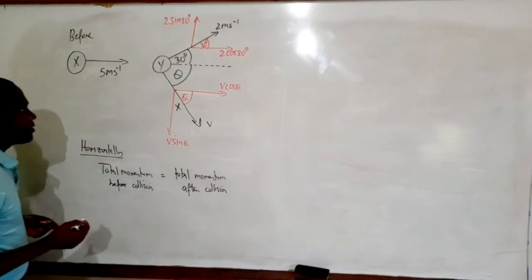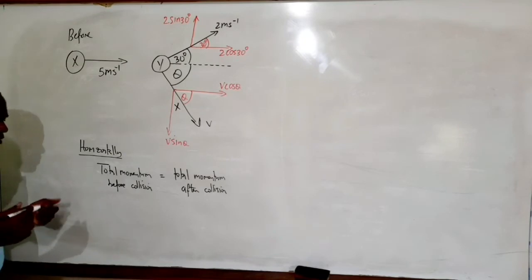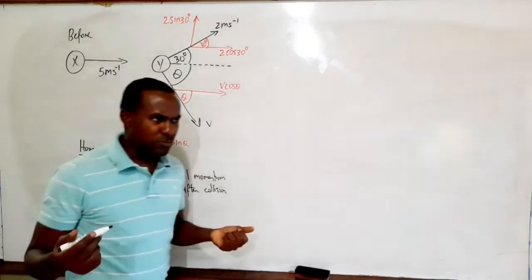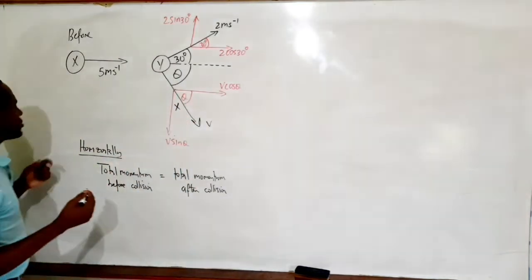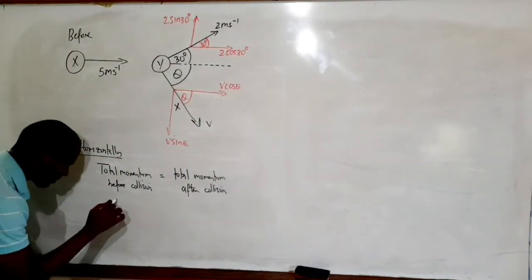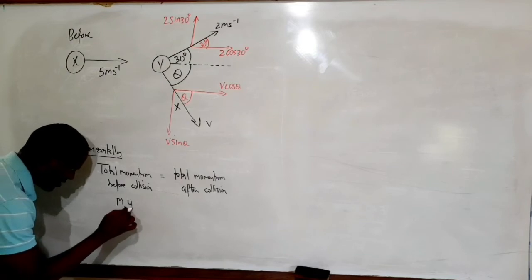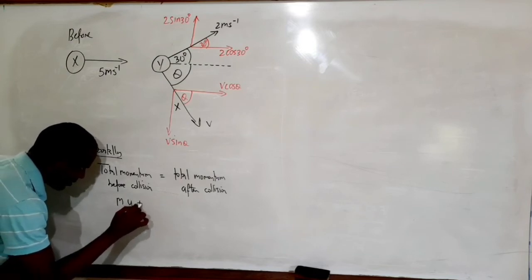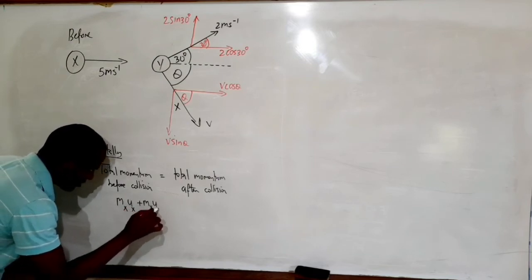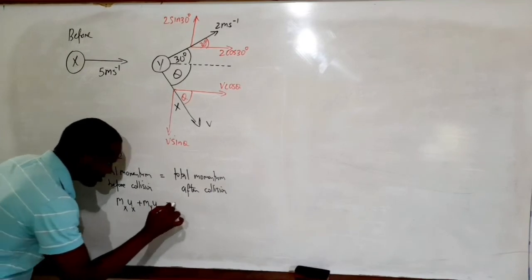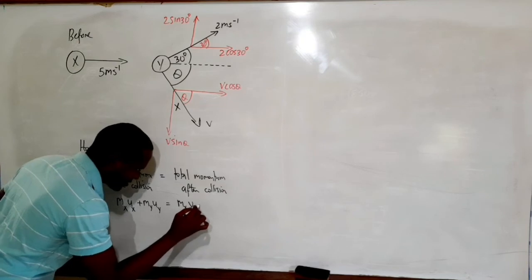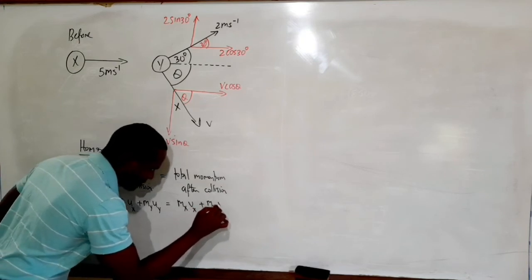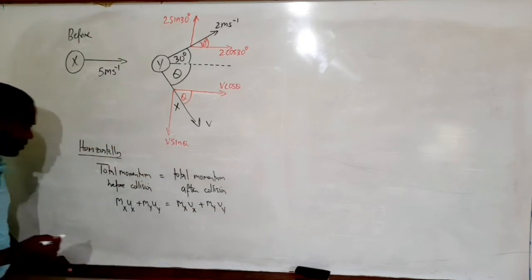Right? So instead of using the m1, m2, u1, u2 subscripts, we'll use X and Y. So what we can say is that mass of X, initial velocity of X, plus mass of Y, initial velocity of Y, equals mass of X, final velocity of X, plus mass of Y, final velocity of Y. Right?